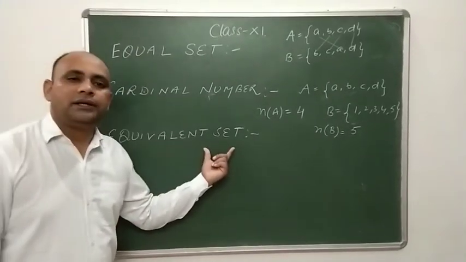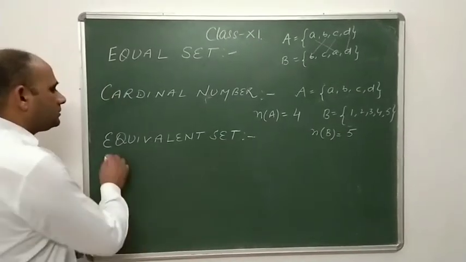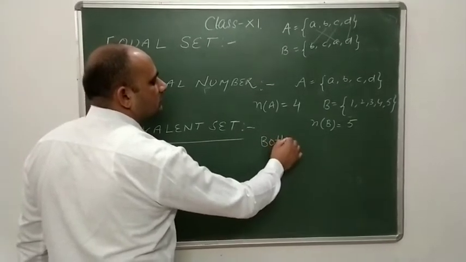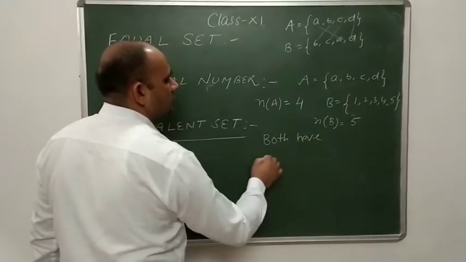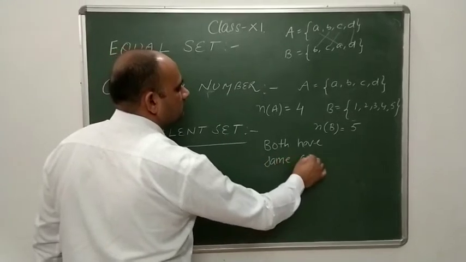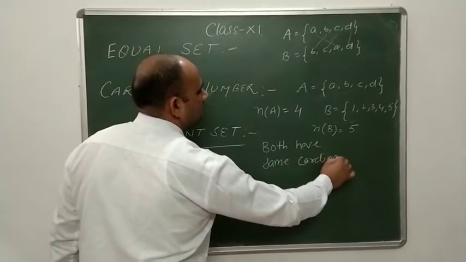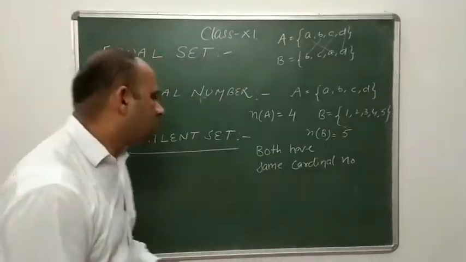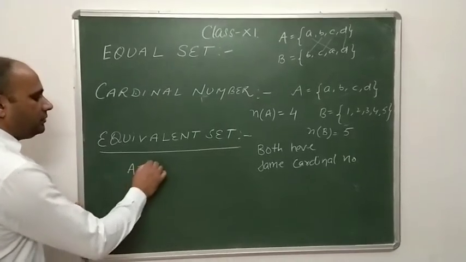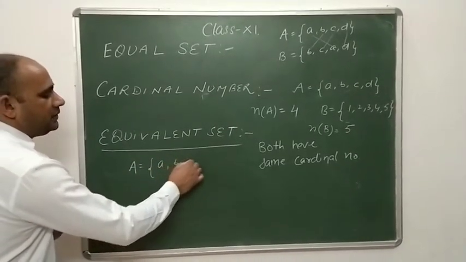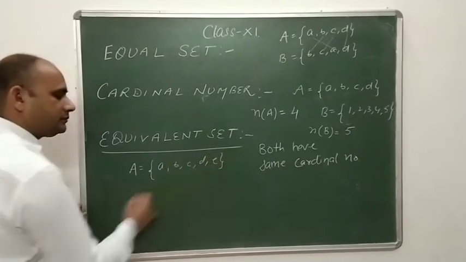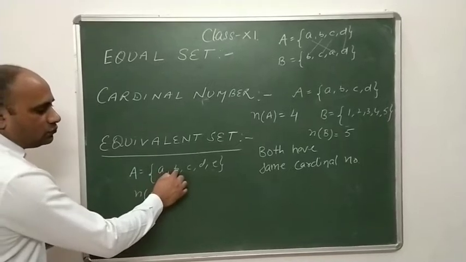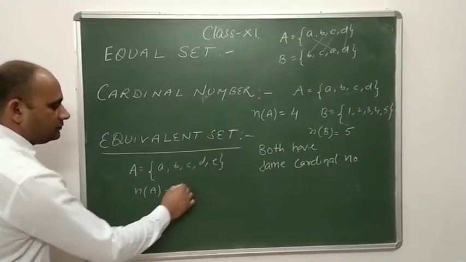Next comes equivalent set. Equivalent set means both have the same cardinal number. Suppose A has A, B, C, D, E. Therefore n(A) is 5.